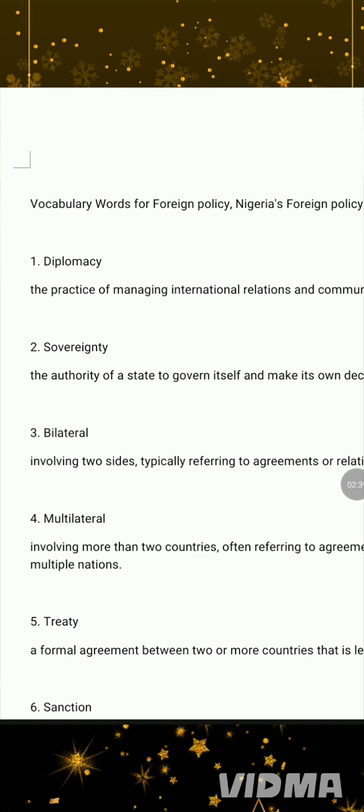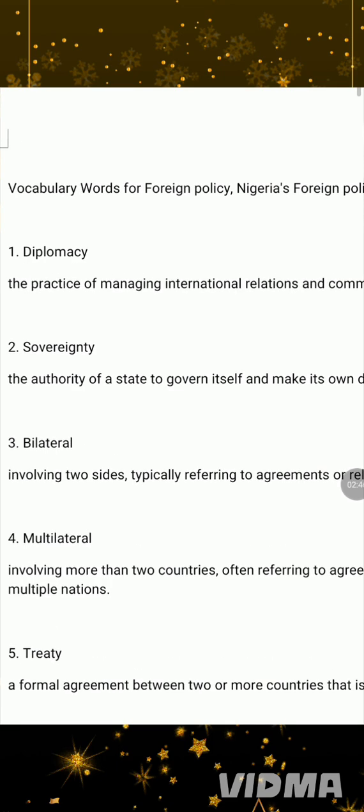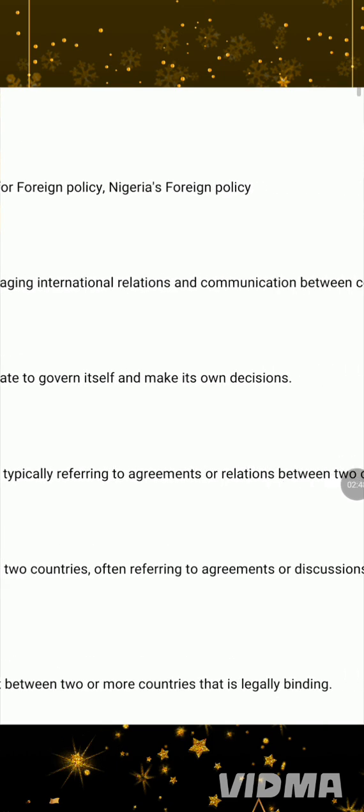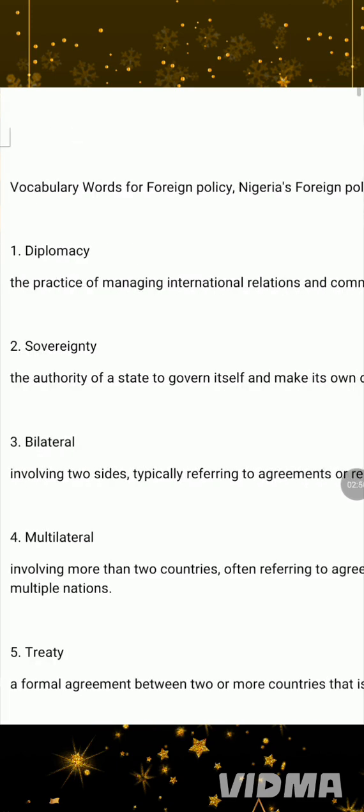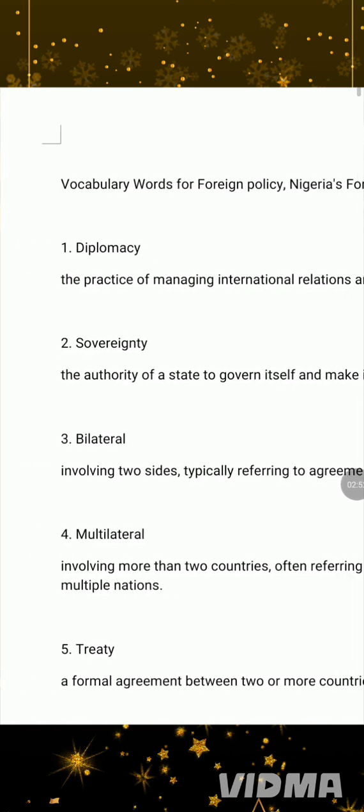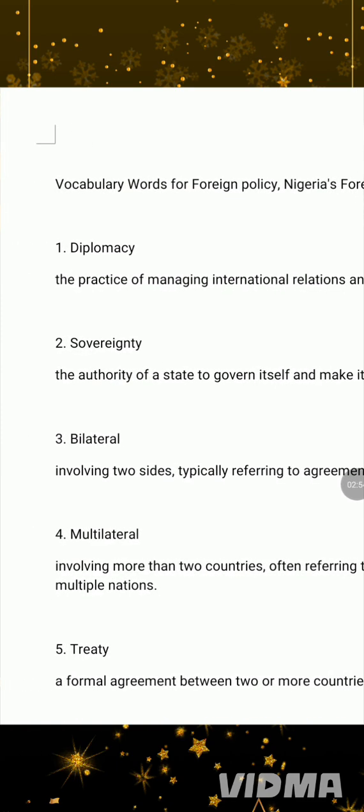So let's start from number 1, diplomacy. As you can see on your screen, diplomacy, I read, is the practice of managing international relations and communication between countries. Now, diplomacy simply means anything short of war or anything short of conflict. So, for example, if states engage in trade activities, it is diplomacy.